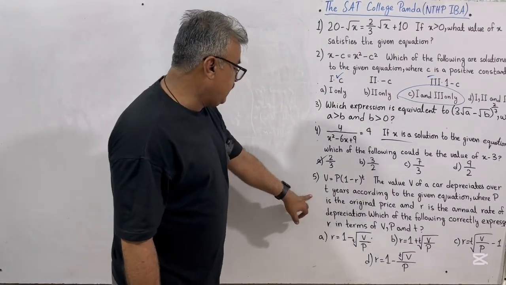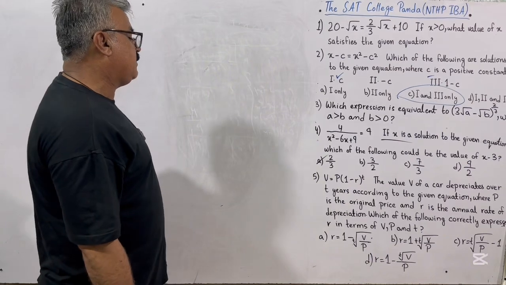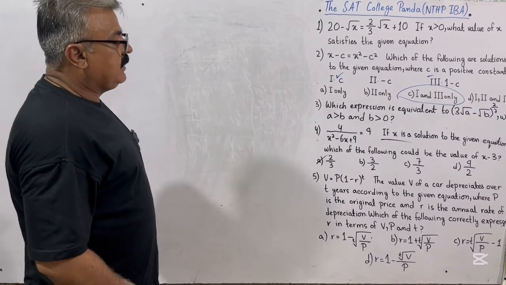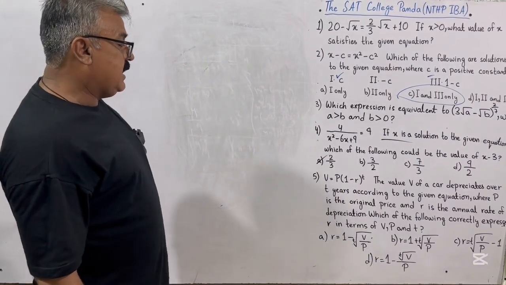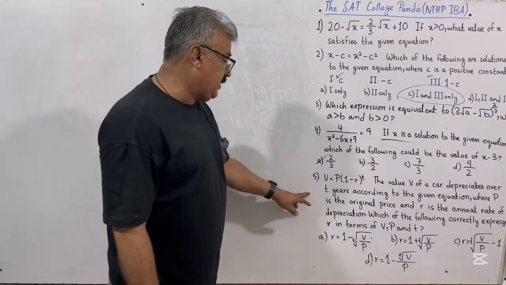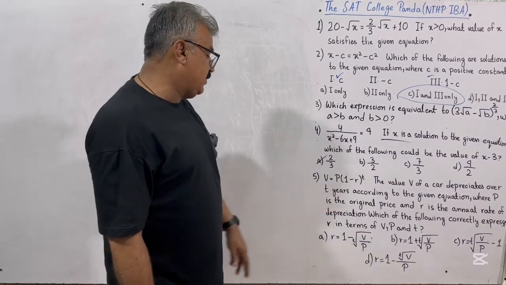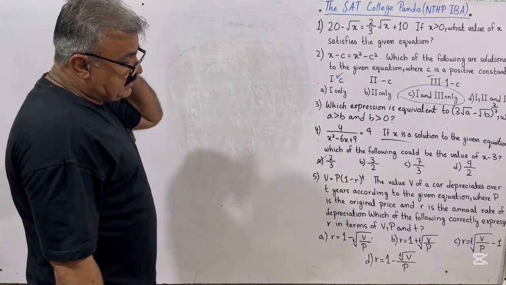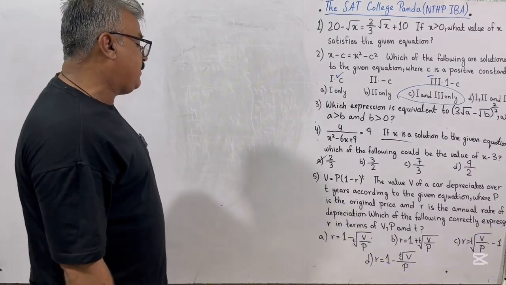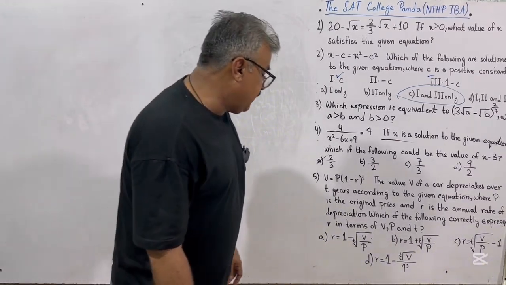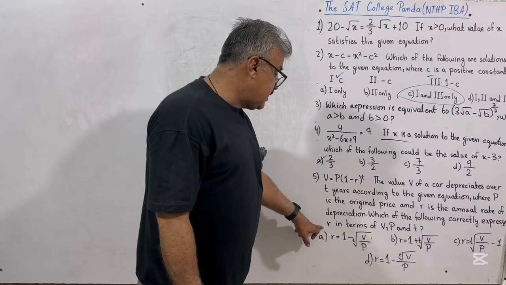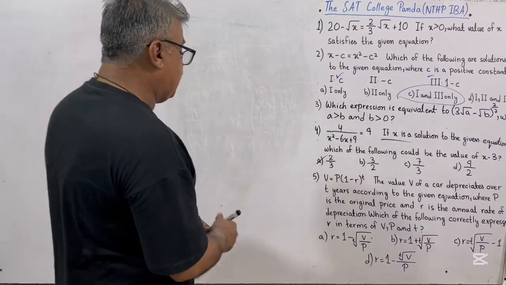We have given v is equal to p times 1 minus r raised t. The value v of a car depreciates over t years according to the given equation, where p is the original price and r is the annual rate of the depreciation. Which of the following correctly expresses r in terms of v, p and t?